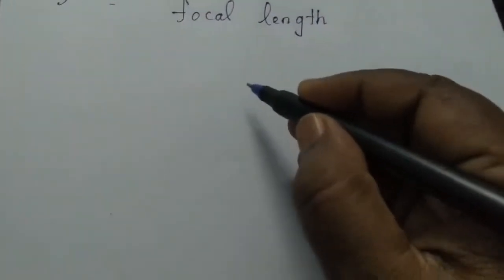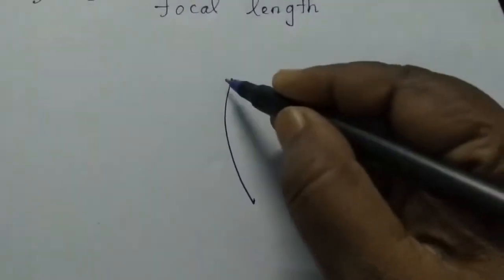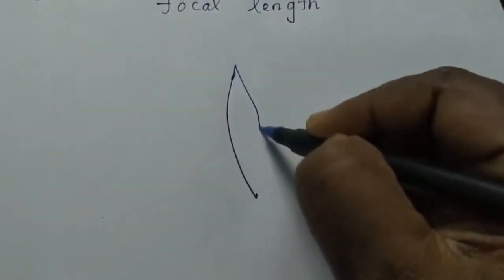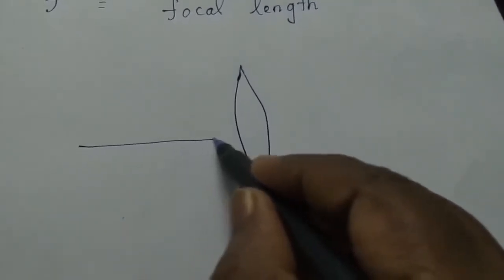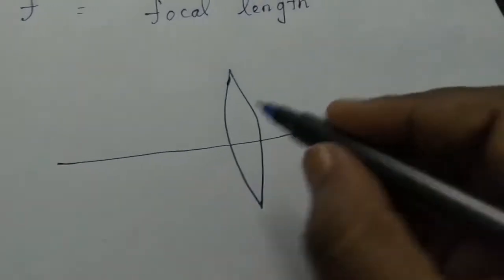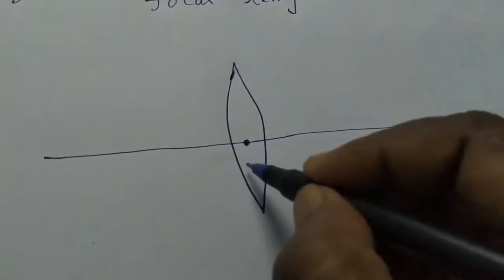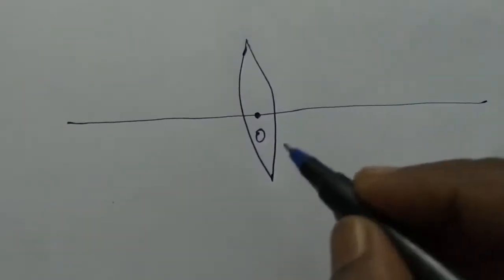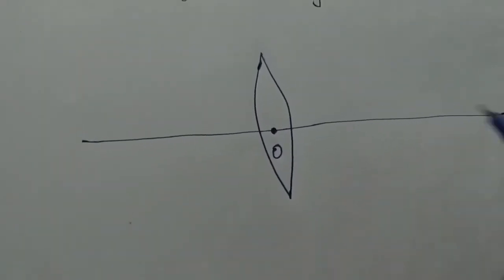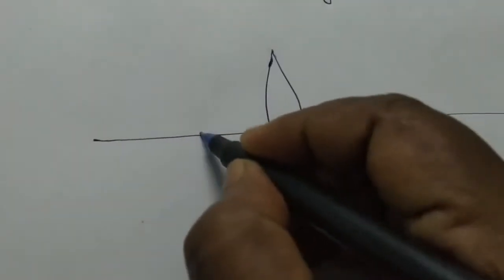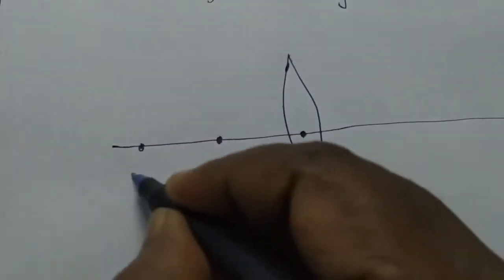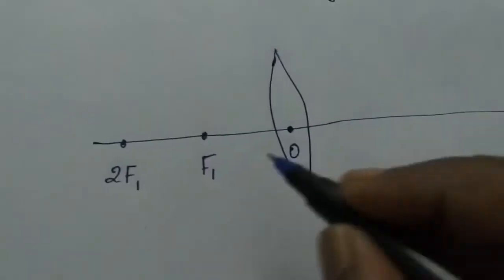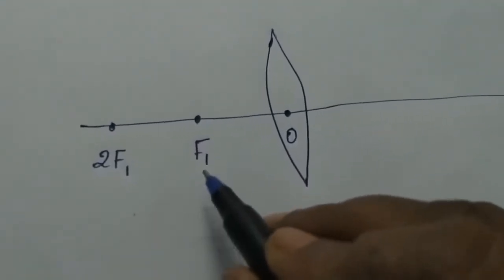Let's consider the case of a convex lens. First draw the convex lens, and this is the principal axis, and this is O, which means optic center. Then F1 to F1 and F2 to F2, where F1 is the principal focus.